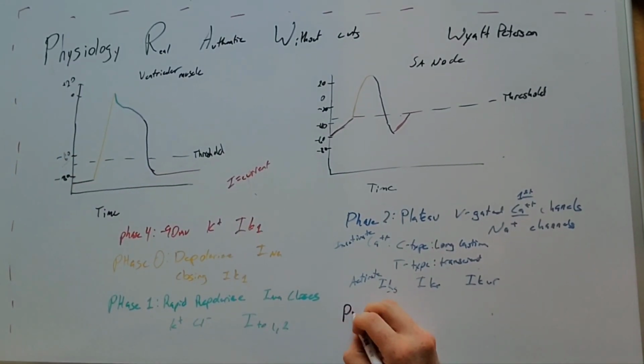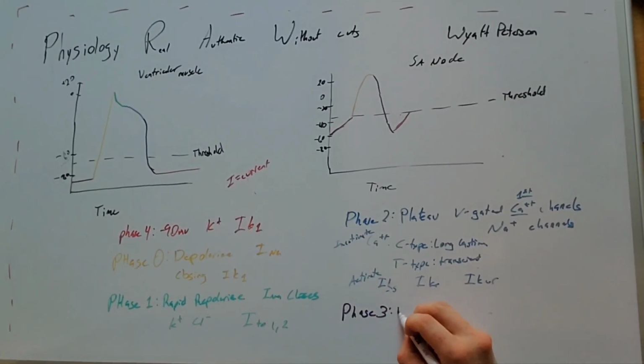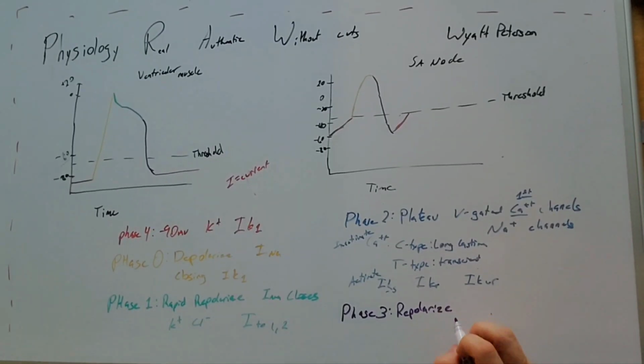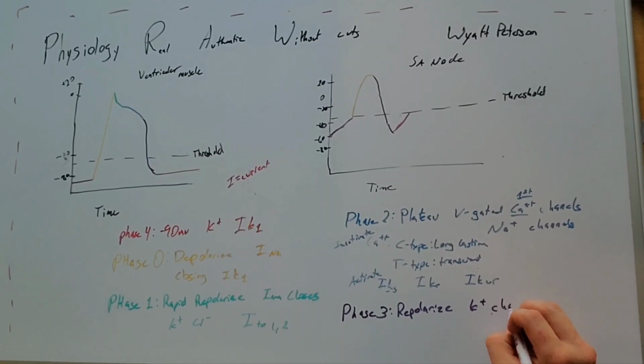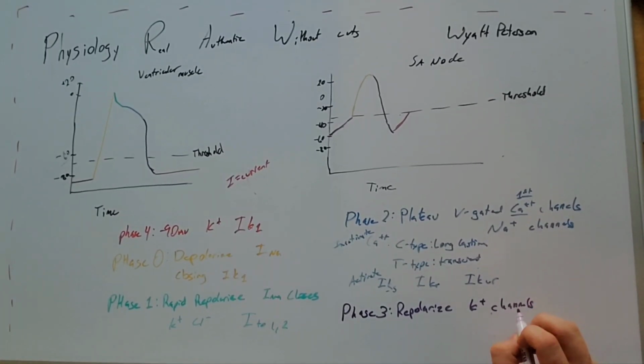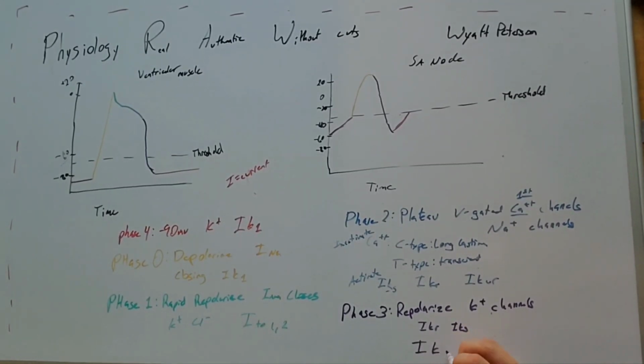Before I run out of space, do the last phase, and that's phase 3, classic repolarization. So even more K channels open, specifically even more of the IKr and then the IKs, and then finally back to the beginning, the IK1 channel opens back up.